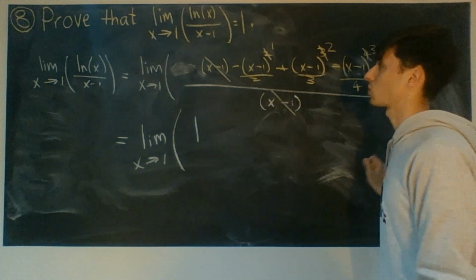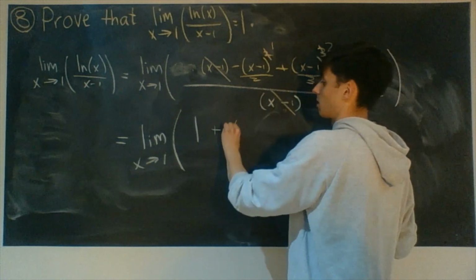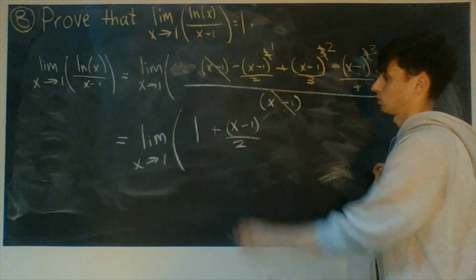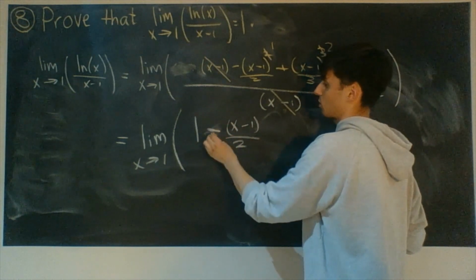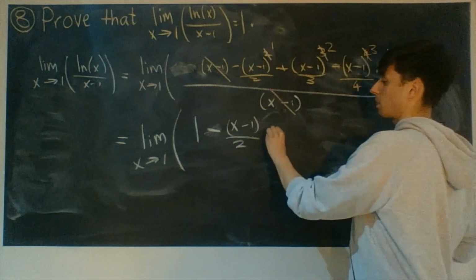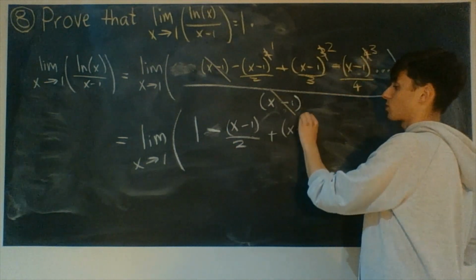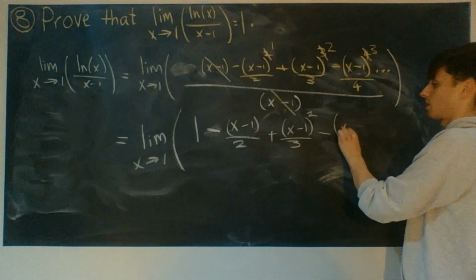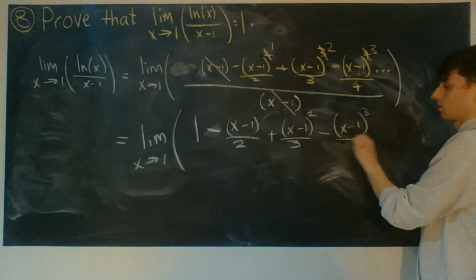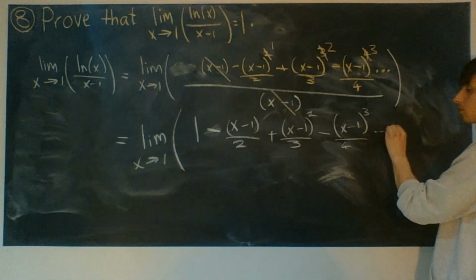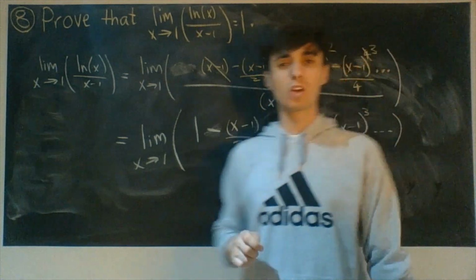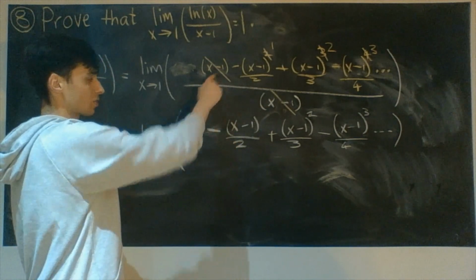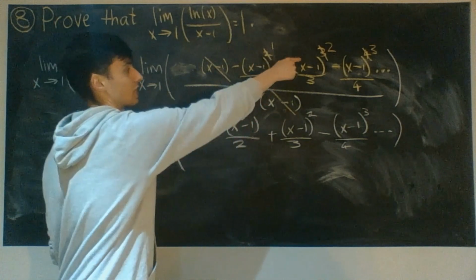But what's really important to us here is we've got plus x minus 1 over 2, minus x minus 1 over 2, and then we've got plus x minus 1 squared over 3, minus x minus 1 cubed over 4, and so on. All that's changed about our limit is we took out this factor of x minus 1, so each of the brackets, their power has decreased by 1.